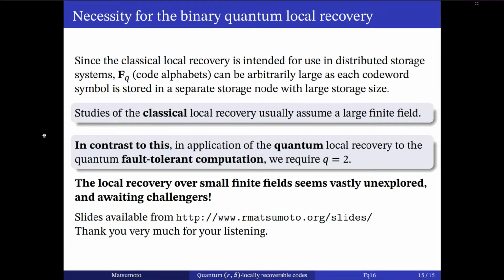In contrast, in application of quantum local recovery to quantum fault tolerant computation, we must consider q to be 2, so q squared is 4. But local recovery over small finite fields seems vastly unexplored to my knowledge. So, awaiting your investigation.